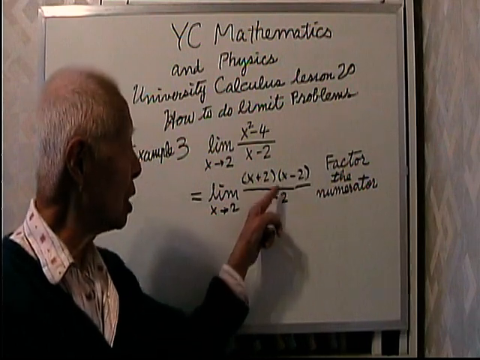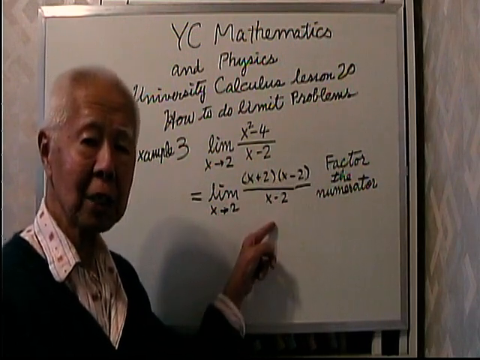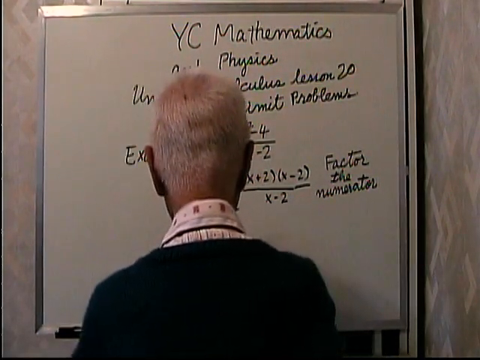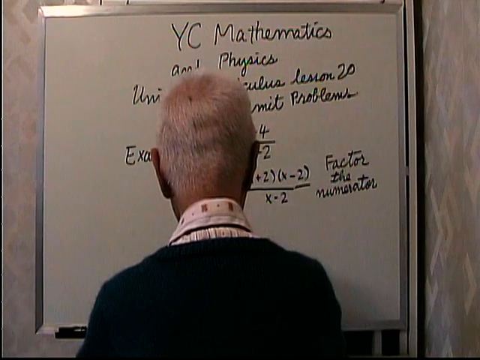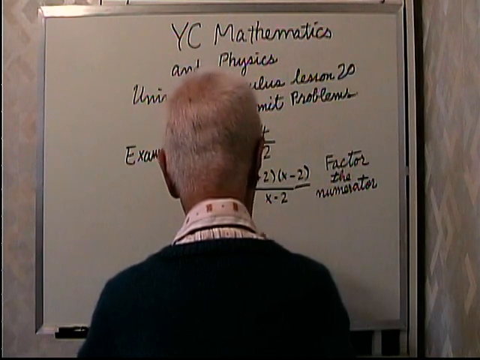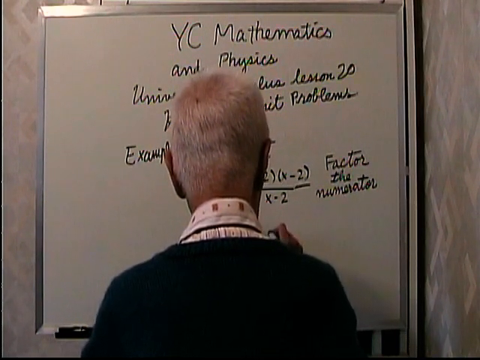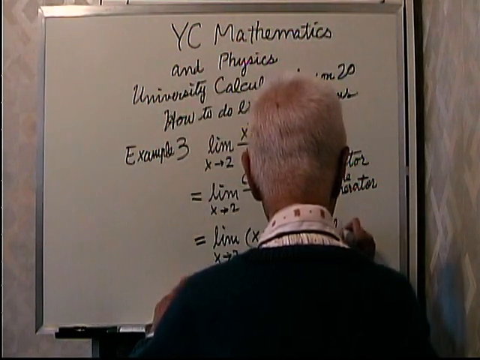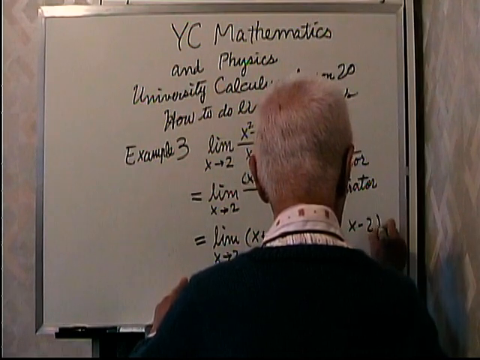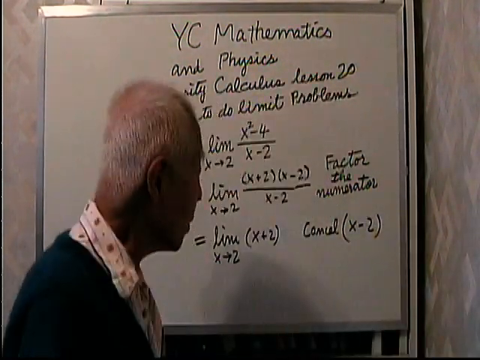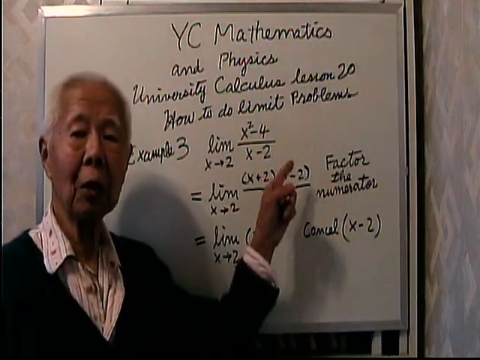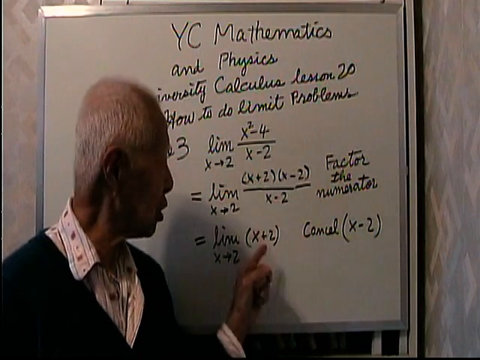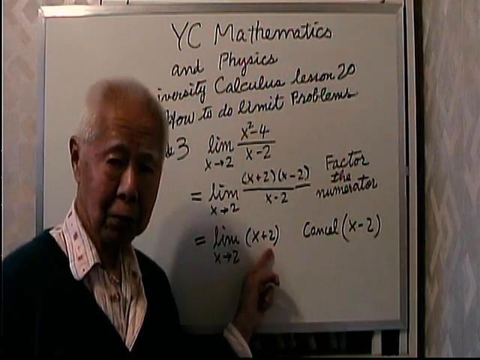There you see x minus 2 can be cancelled. You cancel x minus 2, so what you are left with is just x plus 2.